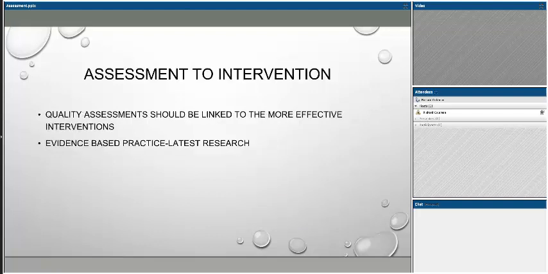Finally, it's about taking this assessment information that you have, in terms of how the members function, how the group functions, and the impact that it has on our organization and the community, and blending those assessments or findings into an evidence-based practice piece.